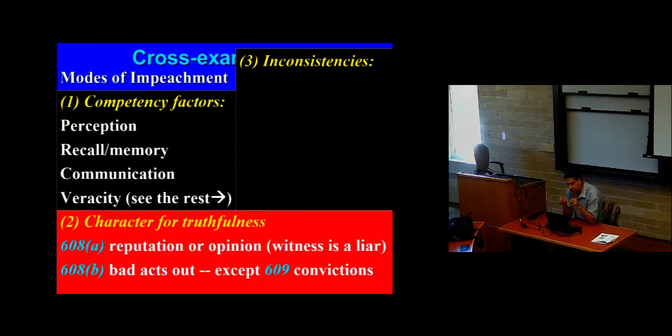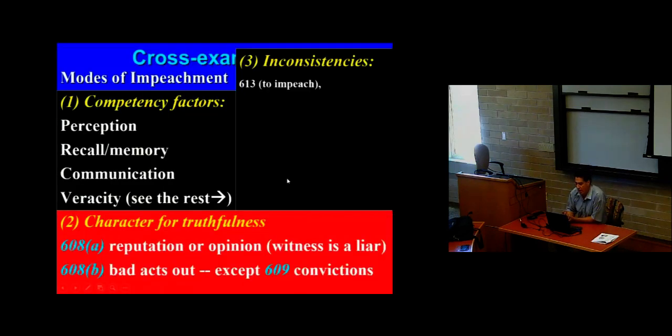That's very different from saying they have a propensity to lie as a liar, so they're probably lying now. You're saying, no, I've caught you in a specific inconsistency, which shows that I've caught you in a lie, and that goes after your veracity.